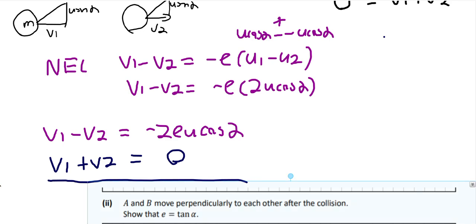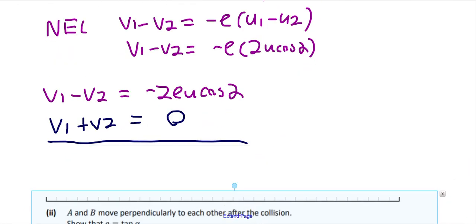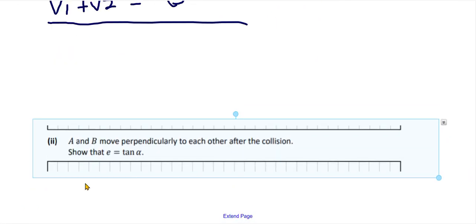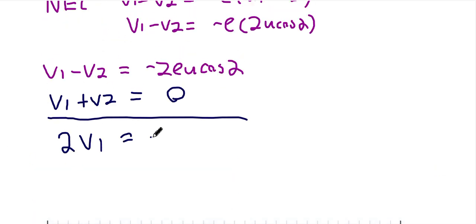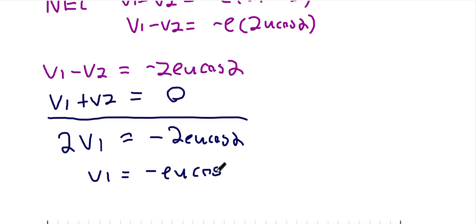We cancel v2 and we get 2v1 equals minus 2Eu cos alpha, and we get v1 equals minus Eu cos alpha.